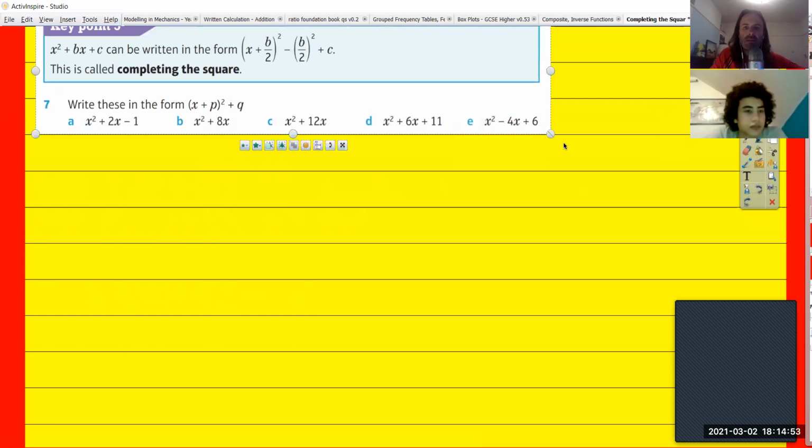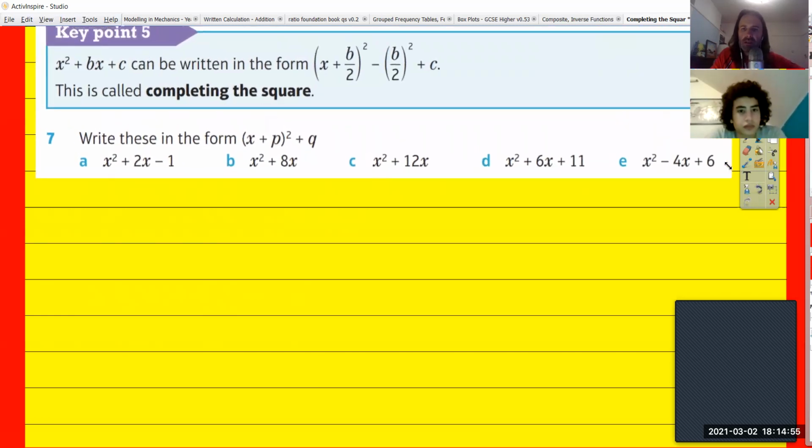How about question D? Will be x plus 3 squared plus 2. Well done. And E.